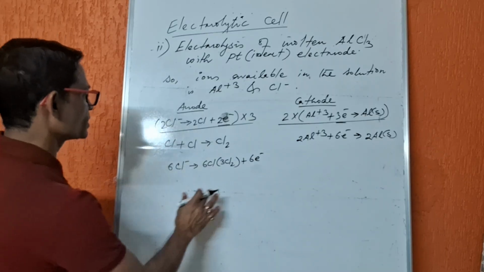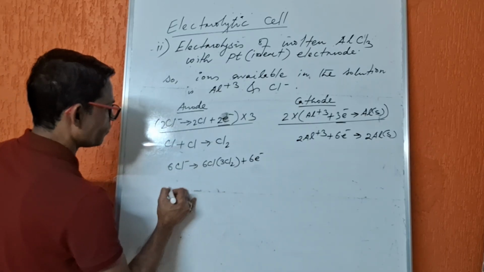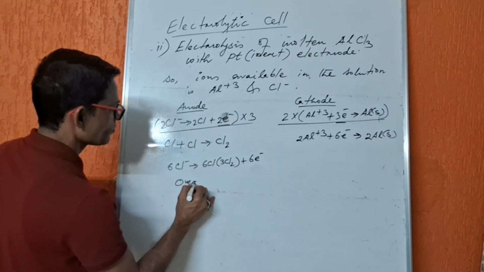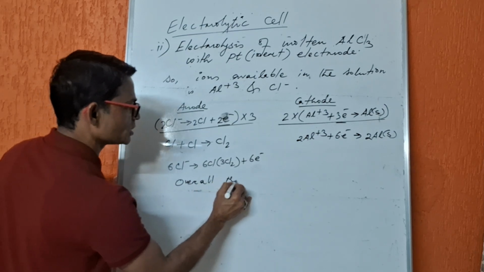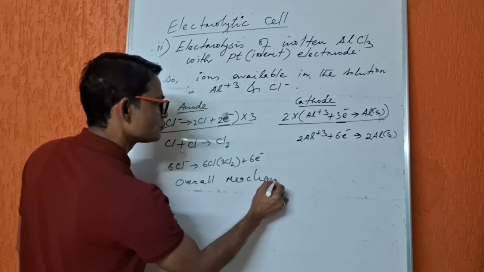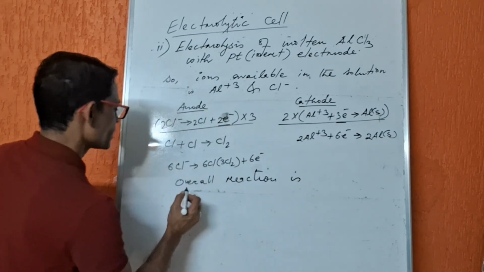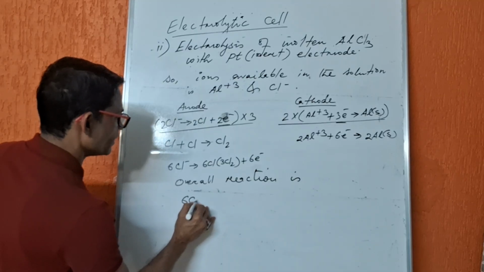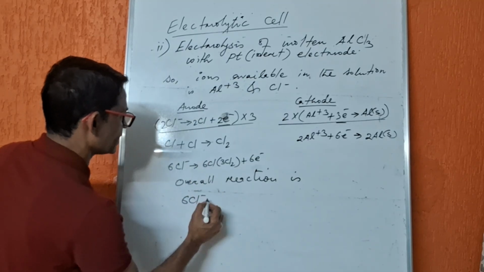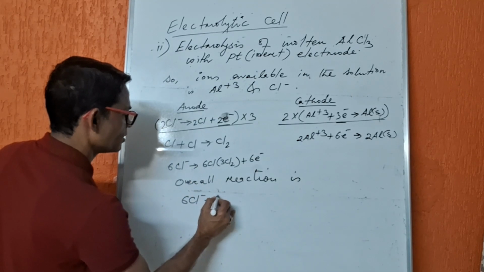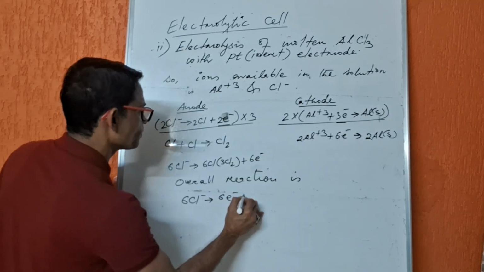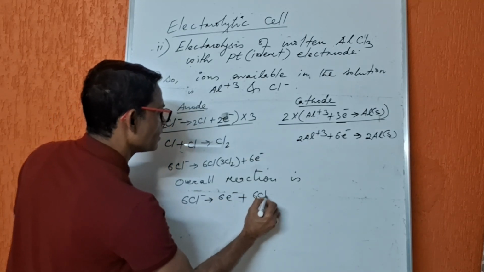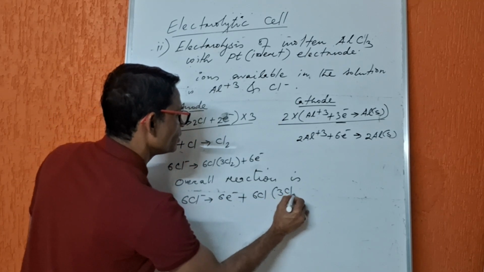So the overall reaction is: 6Cl minus at the anode loses 6 electrons, giving 6Cl or 3Cl2.